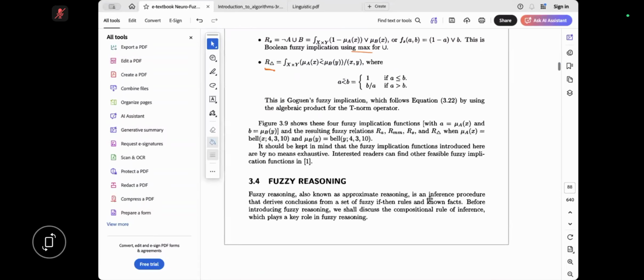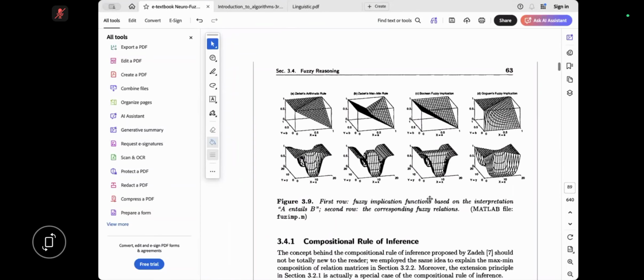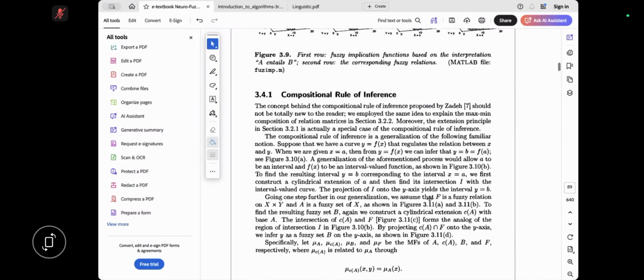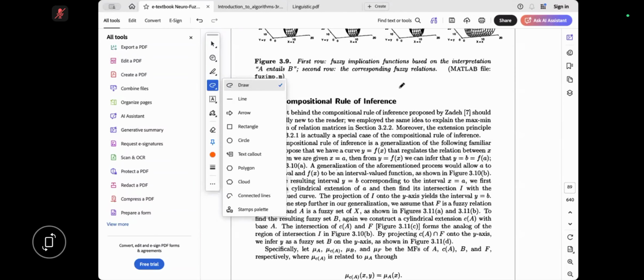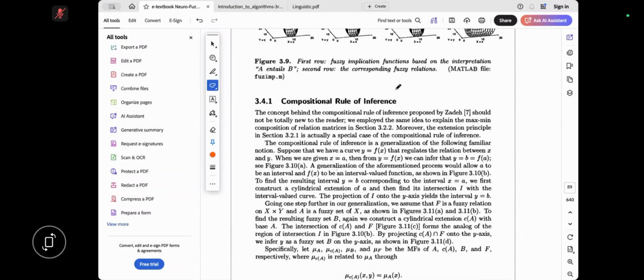Then comes fuzzy reasoning. In order to do reasoning, which means analyzing, and inference, which means deducing some result out of it, let's say from set A I have X, whose membership value is mu A of x.